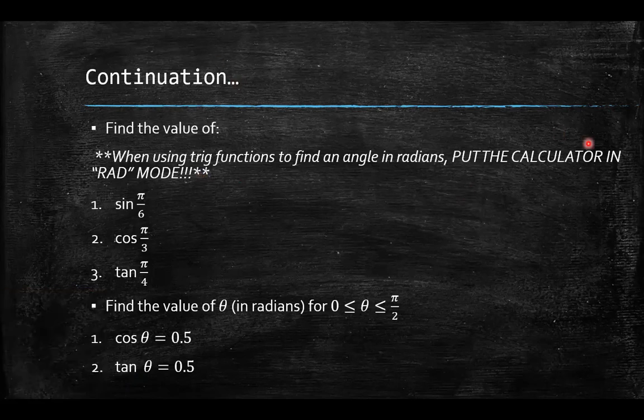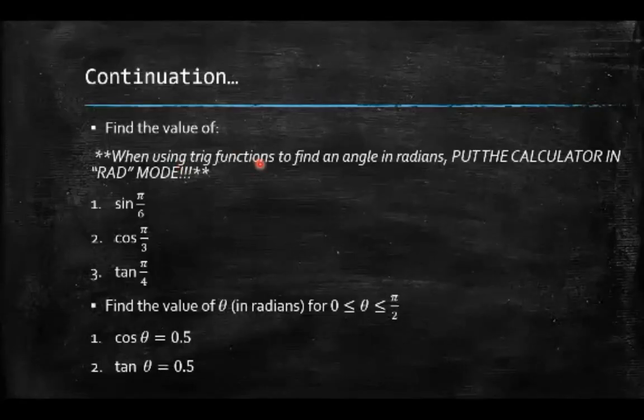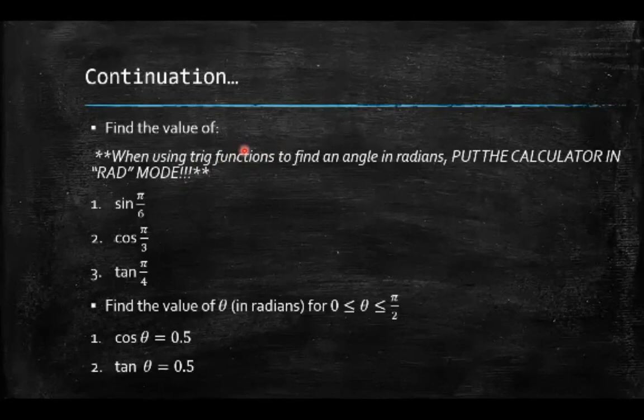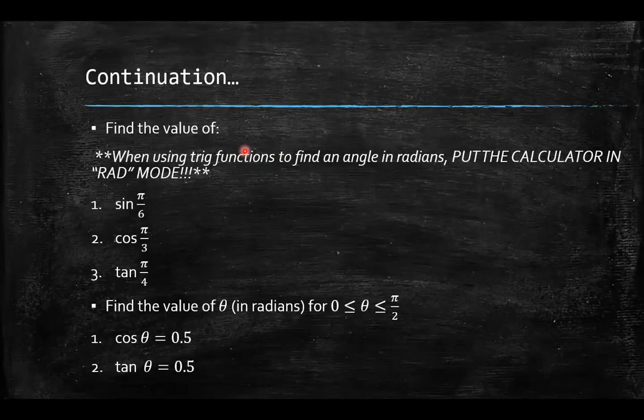Okay. I'll put this in a different color so it stands out. This is very, very important. See how many times I said very? So what is this important thing I'm talking about? When using trig functions, like sine, cosine, tan, to find angles in radians, you have to put your calculator in rad or radian mode.